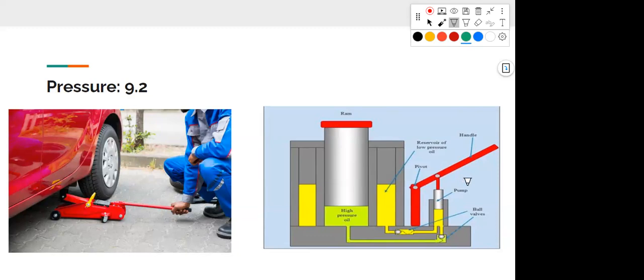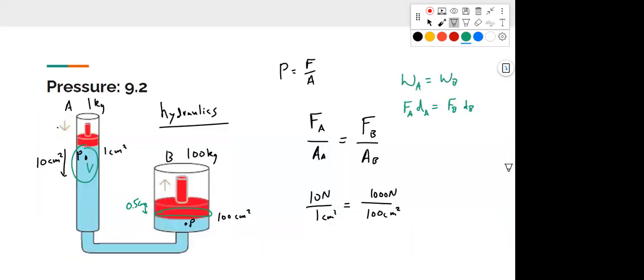The up and down motion allows fluid to flow from an unpressurized tank into the pressurized system, so that instead of just pushing down forever to lift the car, we can push up and down, pull this fluid from the tank into the system, so that volume can be pressurized by you and pushed into that larger cylinder that lifts the car.